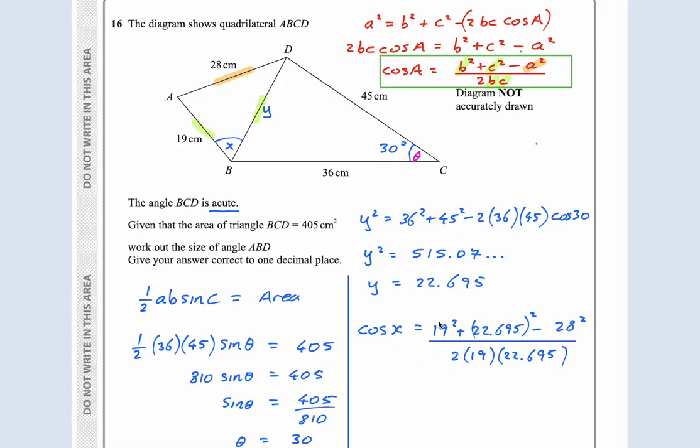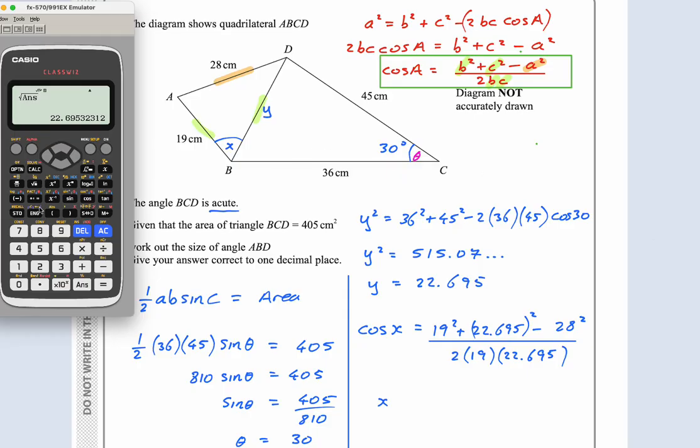And then once you have that, you can go straight to finding the angle using inverse cos. So you just go inverse cos fraction, and you can put all this in one go. 19 squared plus 22.695 squared minus 28 squared over 2 times 19 times 22.695, close brackets, press enter, and we get 83.87.